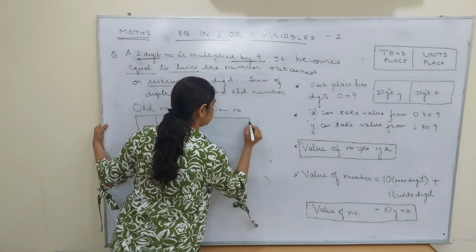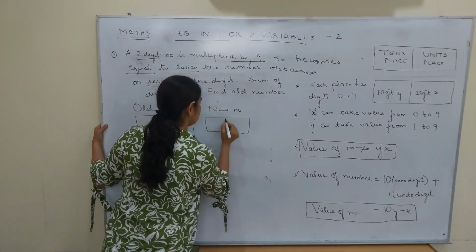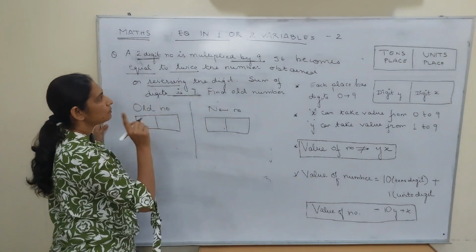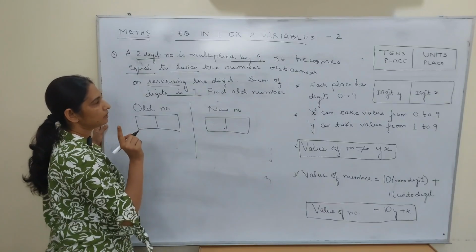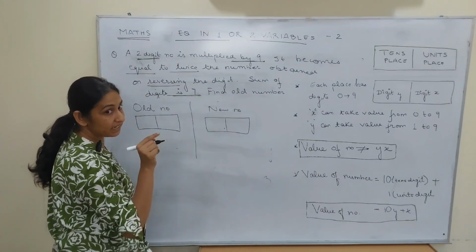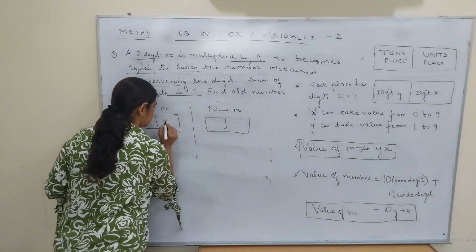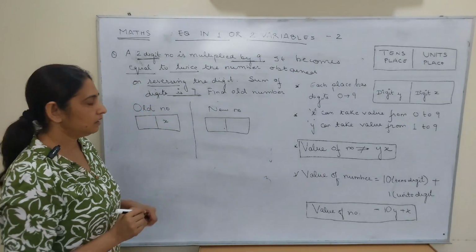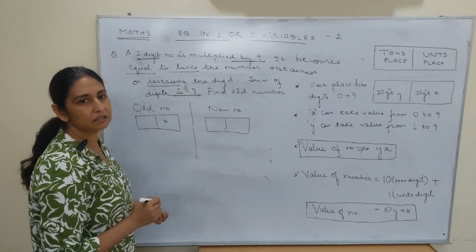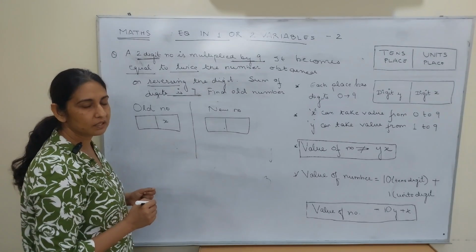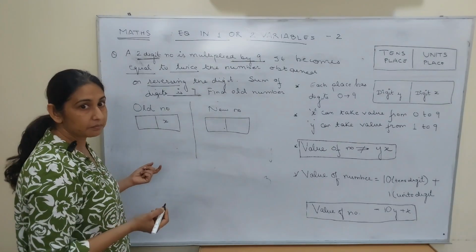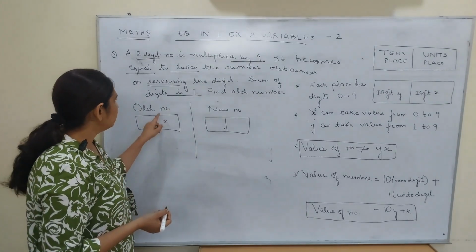We make this 2-digit box. Now remember, we are doing one variable. We don't have to take y, we have to take only x. So let's take x, at least we have taken x. But what do I write here? I can't take y. What should I write here? I need something there.